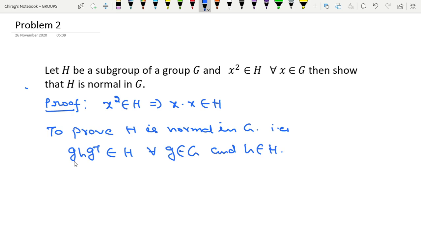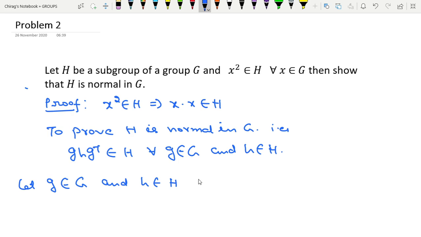So to show that g h g inverse belongs to H for all g belongs to G and h belongs to H, let us take arbitrary elements g belonging to capital G and h belonging to capital H.